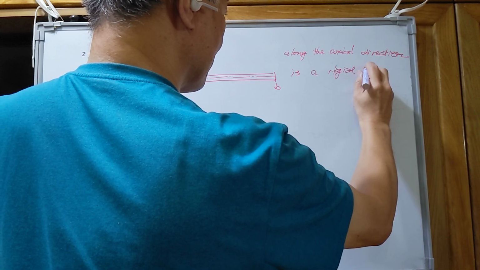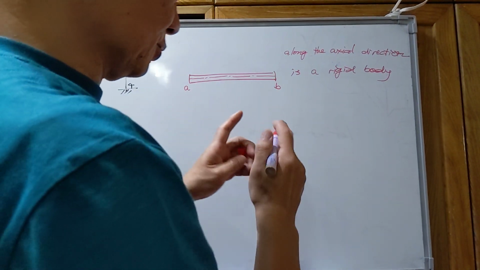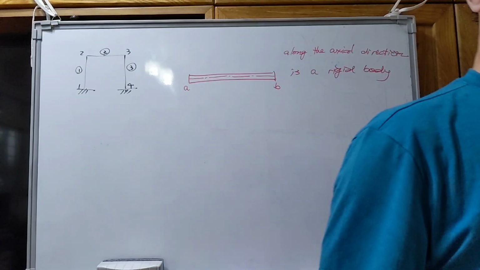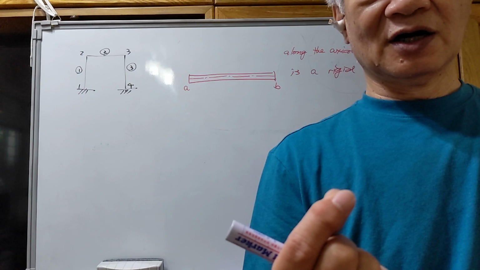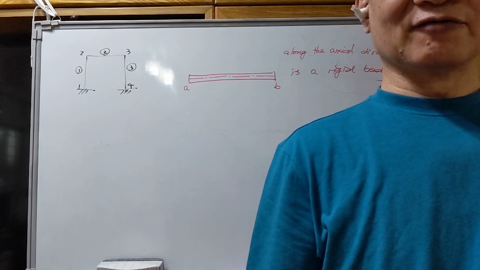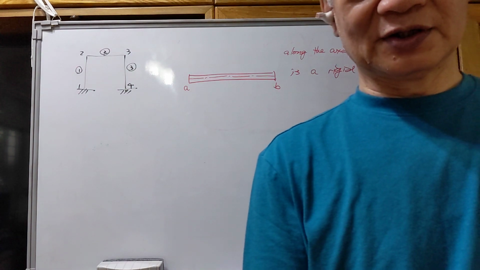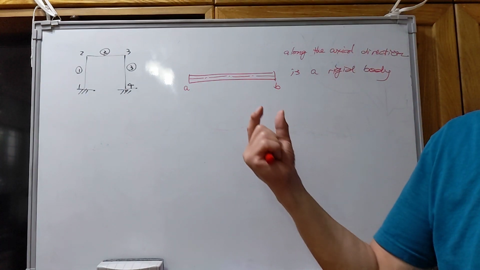Okay, so you can pick out any two separate points, and you will find the relative axial distance for these two points. They will never change, no matter the magnitude of the force applied to the structures.